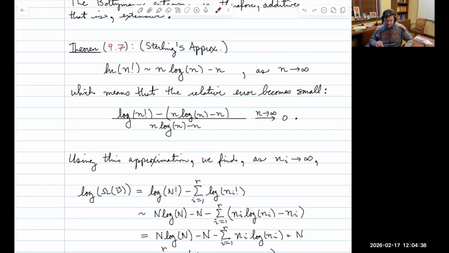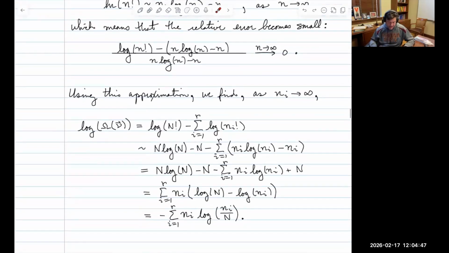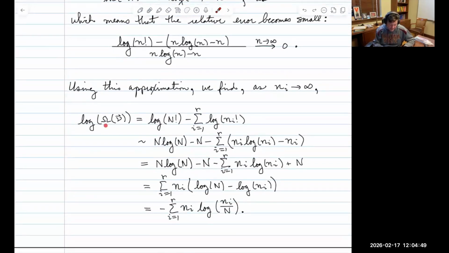Let's now look at Boltzmann's version of the entropy and see what happens if we apply Stirling's approximation to our factorials. Well, if we use the definition of that counting function and then take the log of that, remember it's n factorial over a bunch of factorials. What we get is log of n factorial minus the sum i equals 1 to r of log of ni factorial, okay, in a sum.